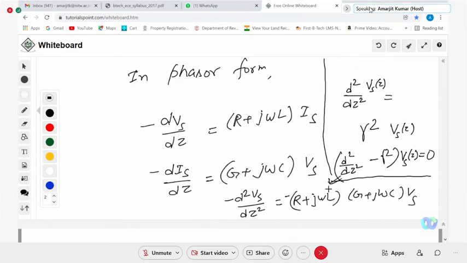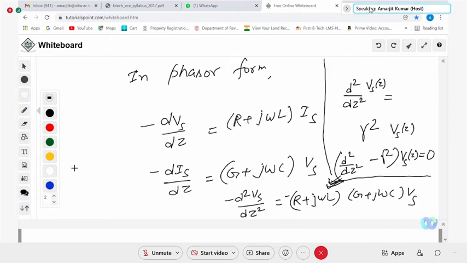How to solve this? What will be the solution? Yes, what will be the solution for V_s(z)? You tell what will be the solution.